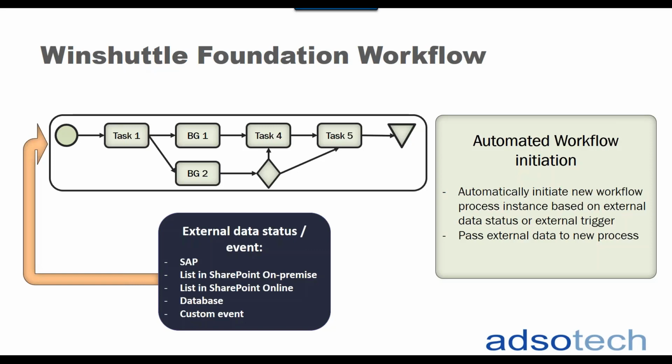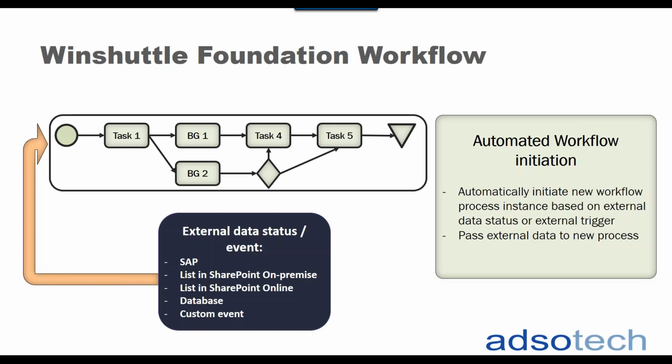Sometimes you have to start it manually if you don't have any input to decide when to start the process, but in most cases there is some kind of rule or status or trigger that can be used to start a new workflow process.